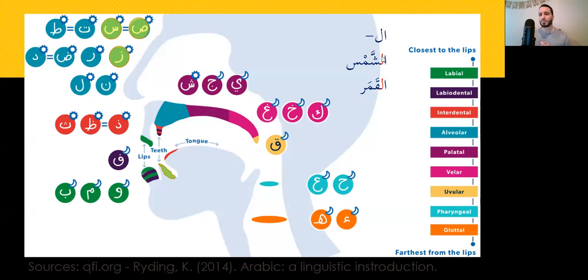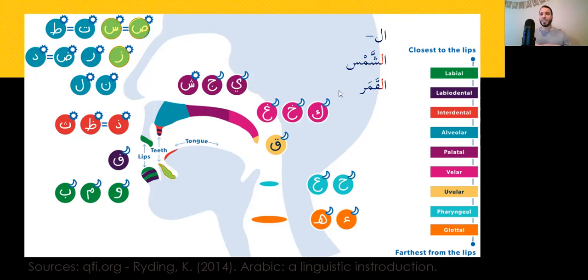If the lam doesn't have anything on top of it, you don't pronounce it. If you see a sukoon, you pronounce it as al-qamar. If you don't see anything, then you say ash-shams.